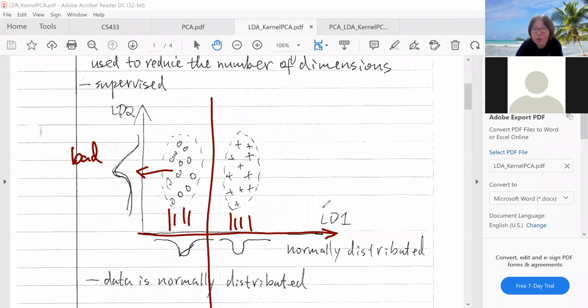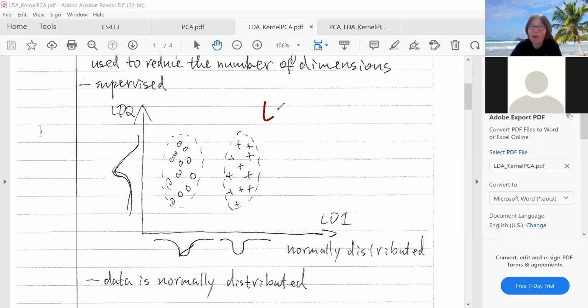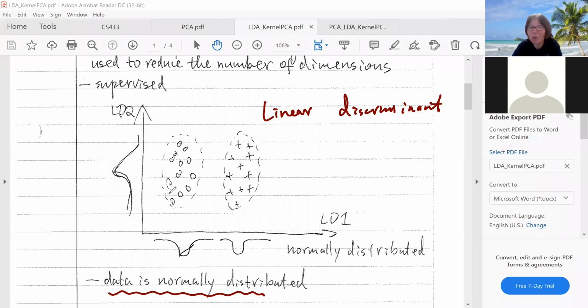But if you project to this axis, then it's separable. So the question is, how do we find this axis? This is what we discuss as linear discriminant analysis.